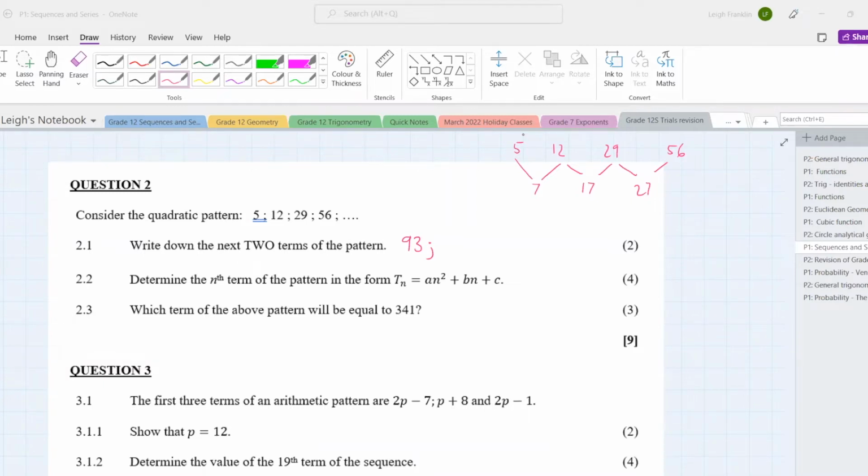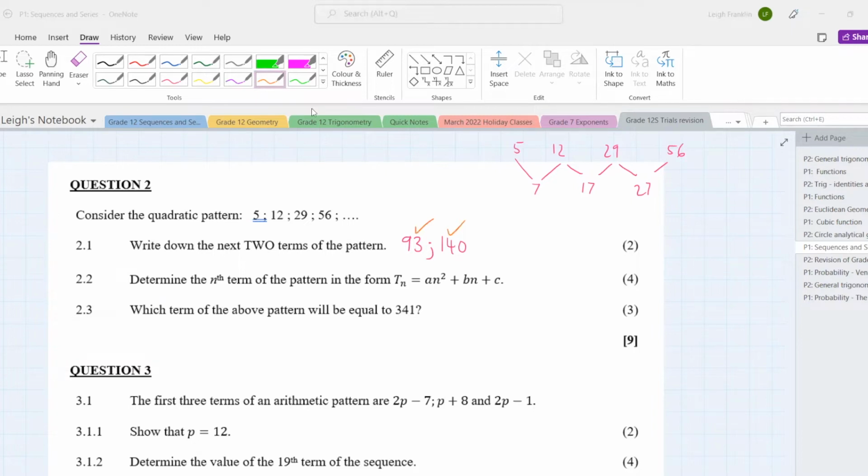Does anybody know? What would we add to 93 in order to get the next number in the pattern? 47, quite right. So 47 added onto 93 means that the next term is going to be 140. There we go. And obviously there would be two accuracy marks on that.